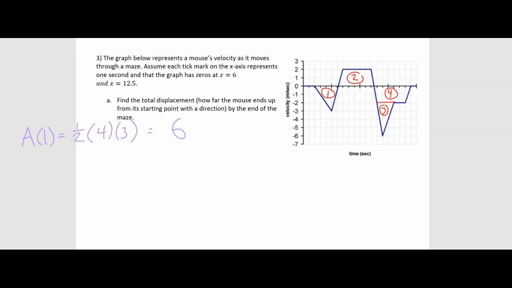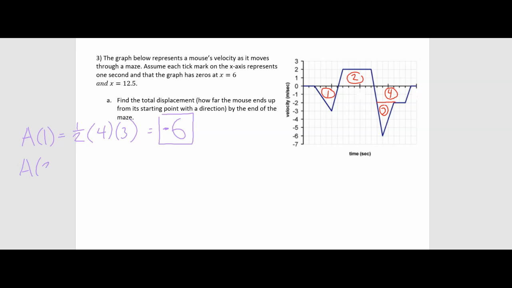So even though areas in geometry are never going to be negative, we have to think about this quantity being negative because it represents the mouse moving in a different direction than if it was positive. So this 6 is going to be negative, and that's going to help us understand at the end which direction the mouse was going.